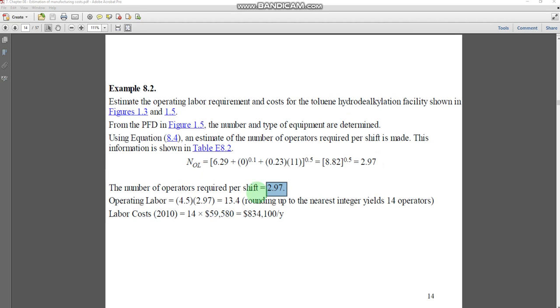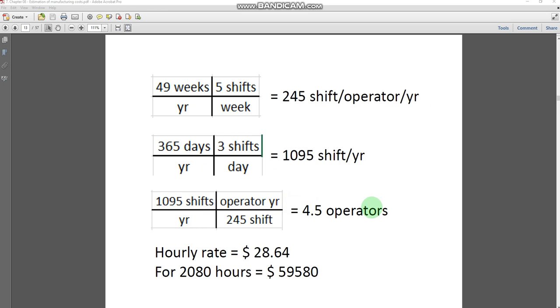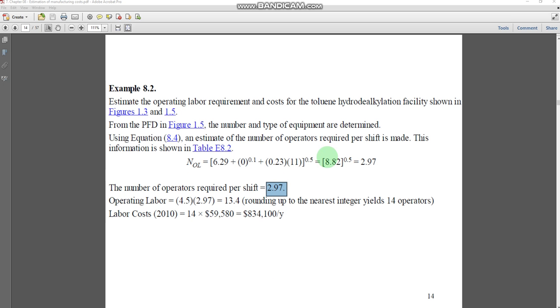Once you have this number of operators per shift, you multiply it by 4.5, which is required to provide this many shifts in 1 year, to get the actual labor requirement. So you multiply 2.97 by 4.5, which comes out to be 13.4, and when you round up, it is nearly equal to 14 operators.